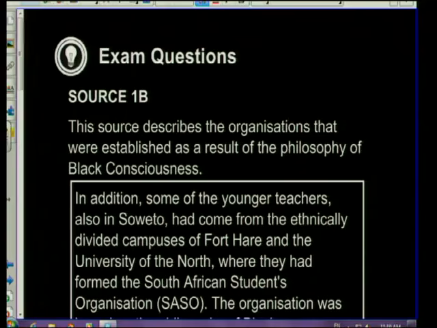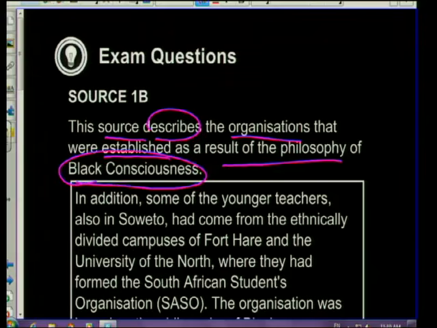If we look at source 1B, this source describes the organization that were established as a result of the philosophy of black consciousness. Remember and keep in mind that the black consciousness was an umbrella organization, and underneath that organization, many other freedom liberation movements began.